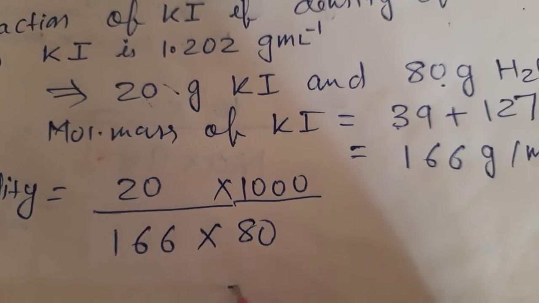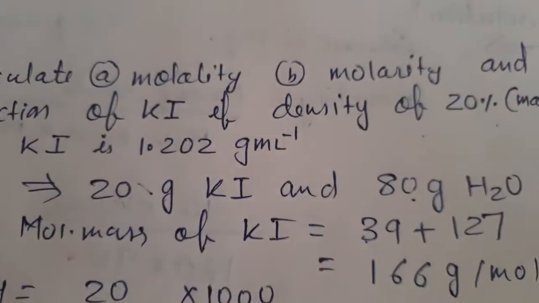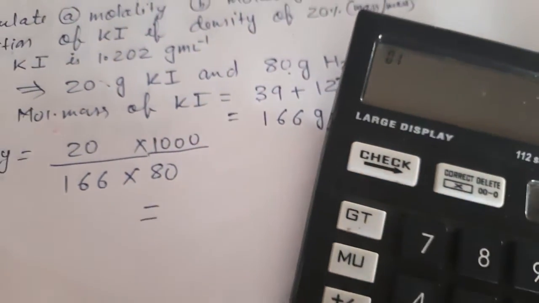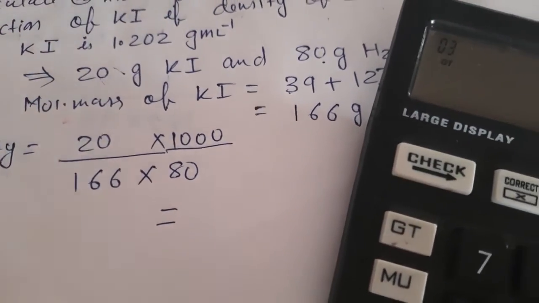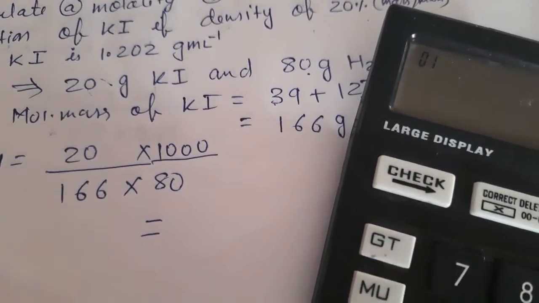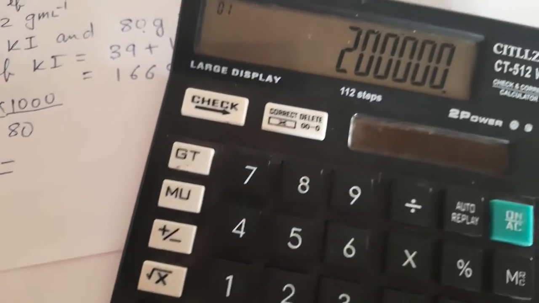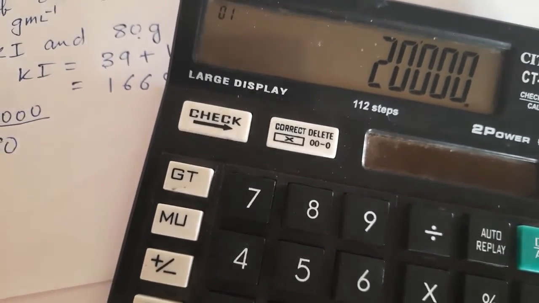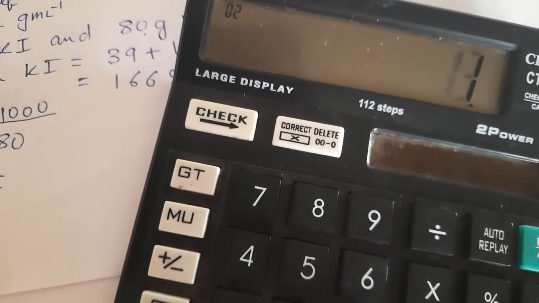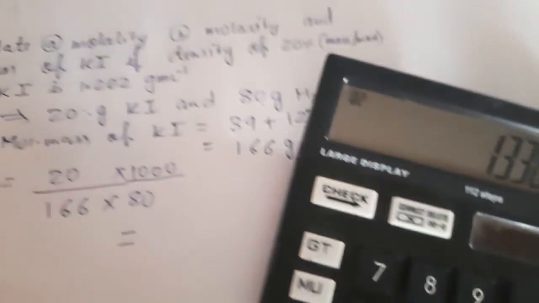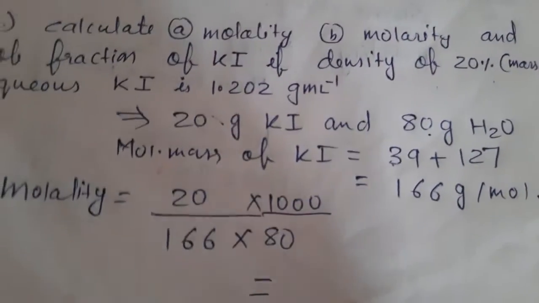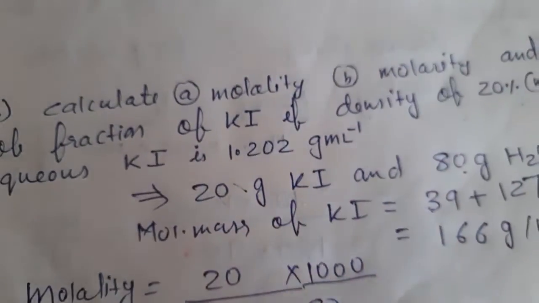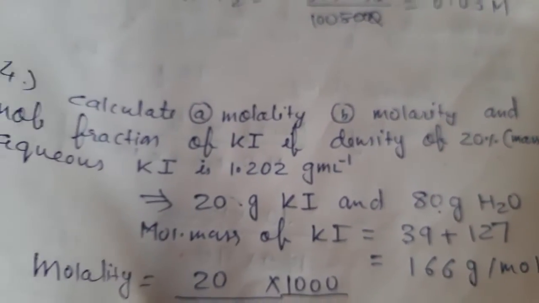When you calculate this, it will become 20,000 divided by 166 multiplied by 80. So it will become 1.45 molal. Correct?